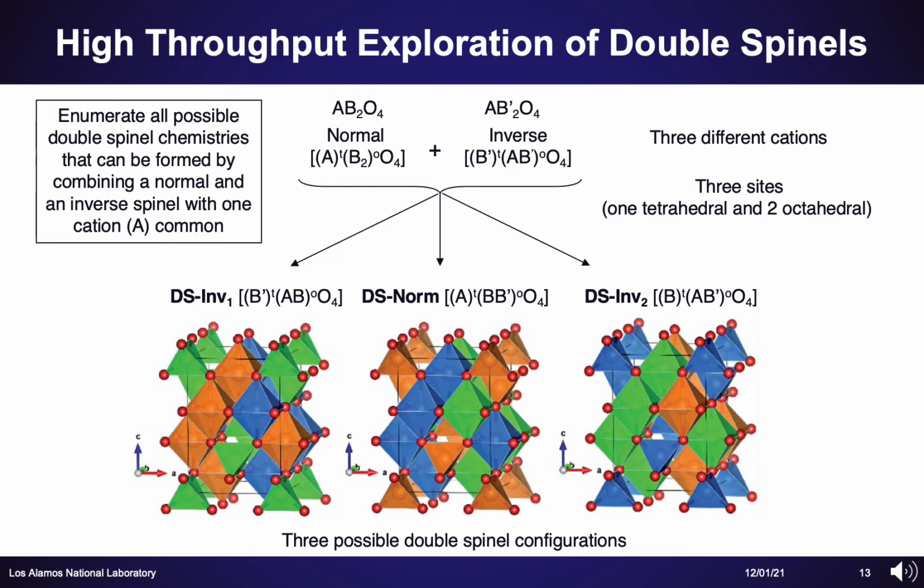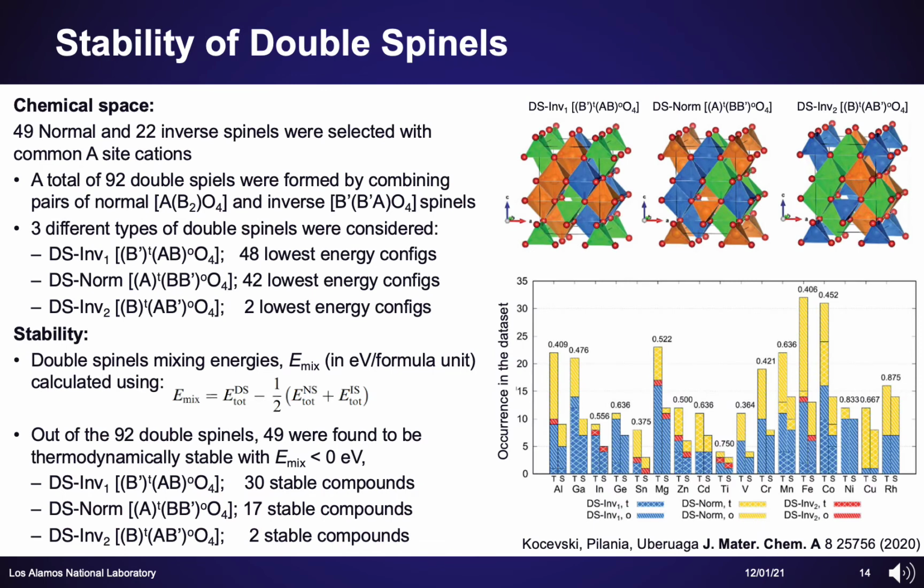We call these double spinel inverse of type 1, double spinel inverse of type 2, and double spinel normal, represented by ds inv sub 1, ds inv sub 2, and ds norm, based on their similarity with the parent single spinel configurations. Here are some more details of the double spinel chemical space that was explored.